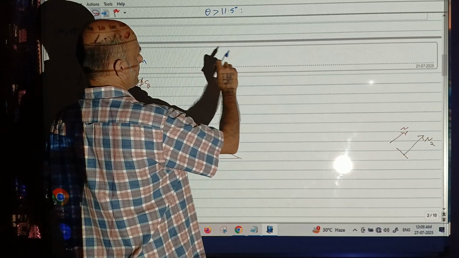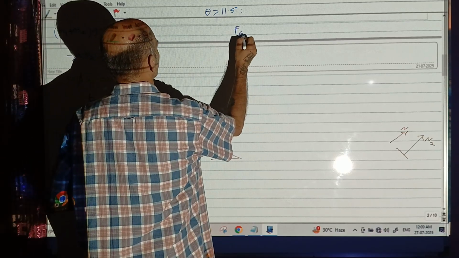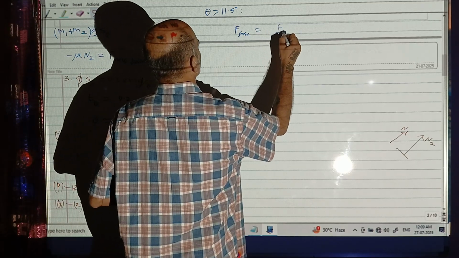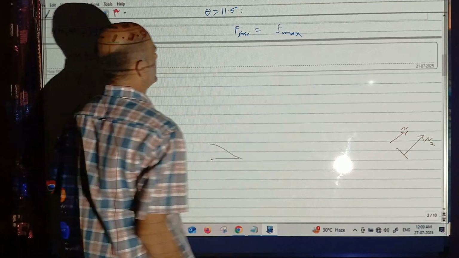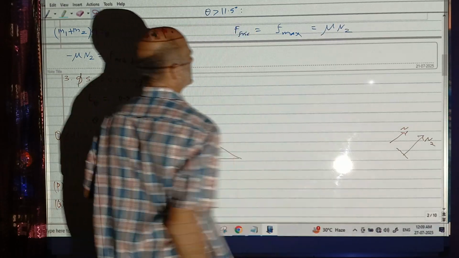So in this case, the friction force will be maximum value, which is mu times the normal reaction N2.